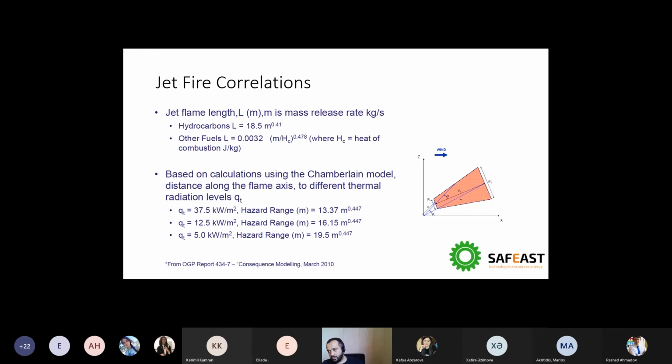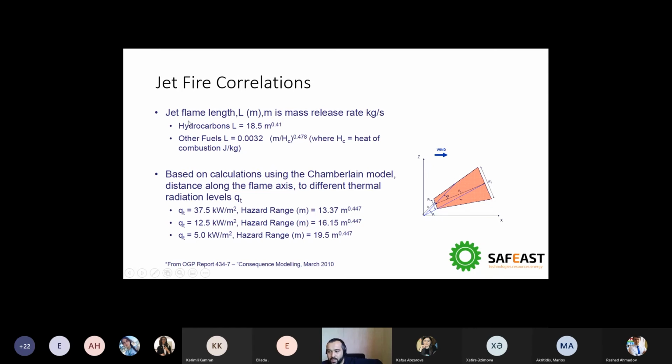You will know there are certain dangerous thresholds, like 37.5 kW per square meter, or 12.5, or 5. Chamberlain prepared the correlation based on release rate. So you put in a release rate and you understand the hazard range for that threshold.